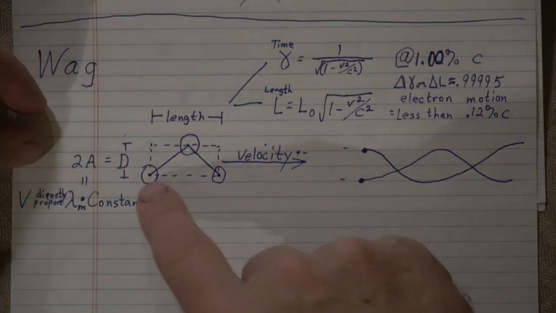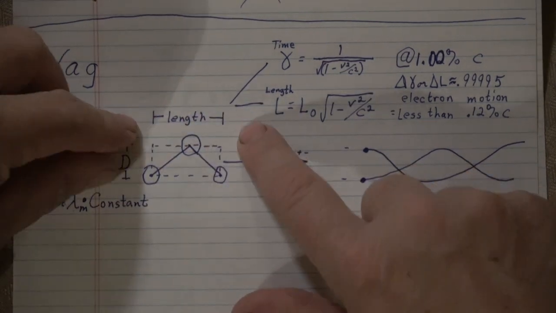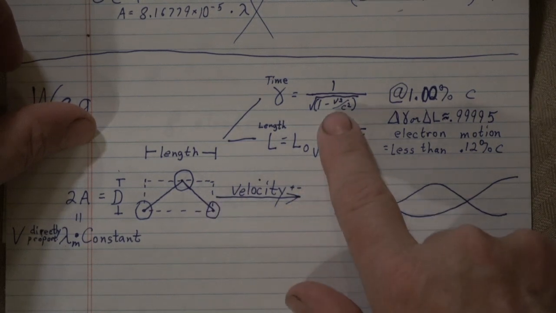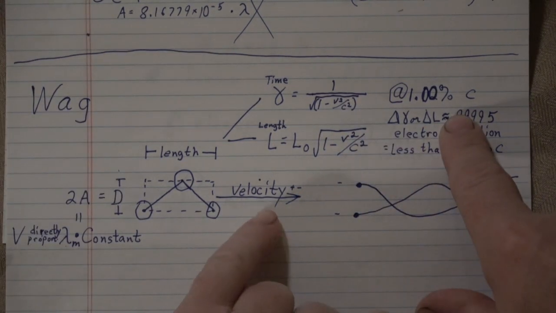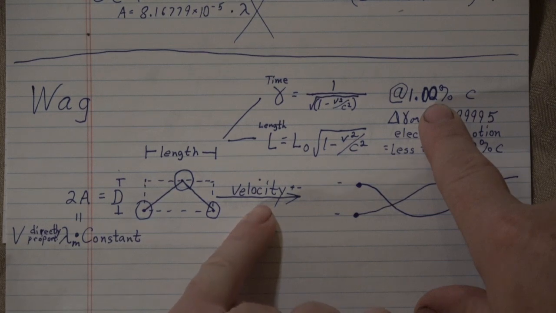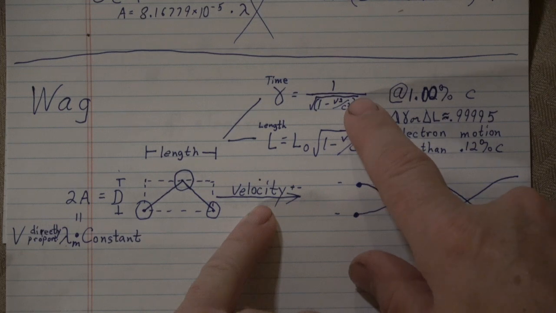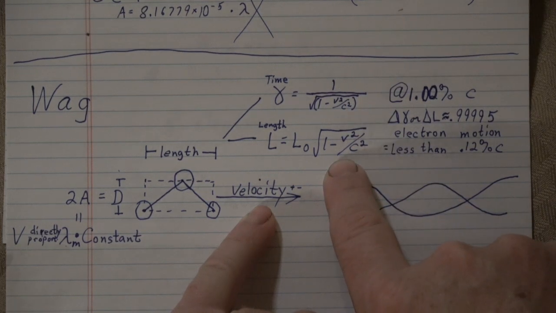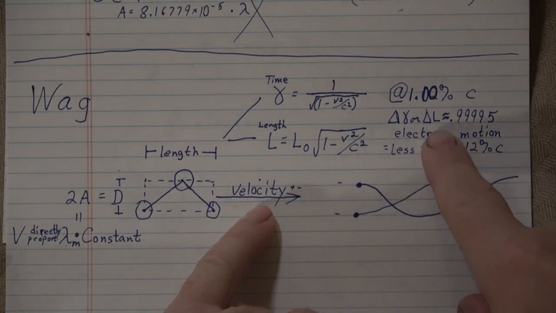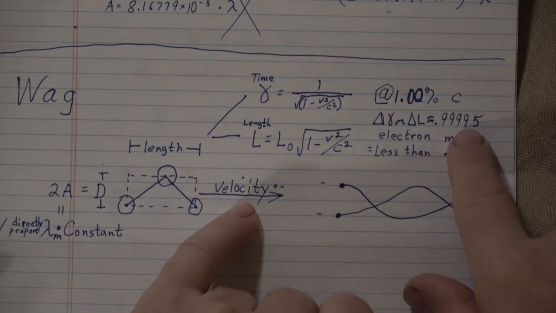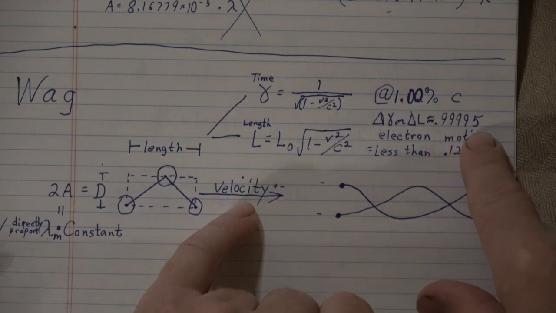The other aspect on the math is the length, and why the length doesn't matter towards your velocity is that the velocity of it is less than 1% of the speed of light. And at 1%, if you're using time dilation or length dilation according to Einstein's relativity rules, then the difference would be 0.99995 at 1%.